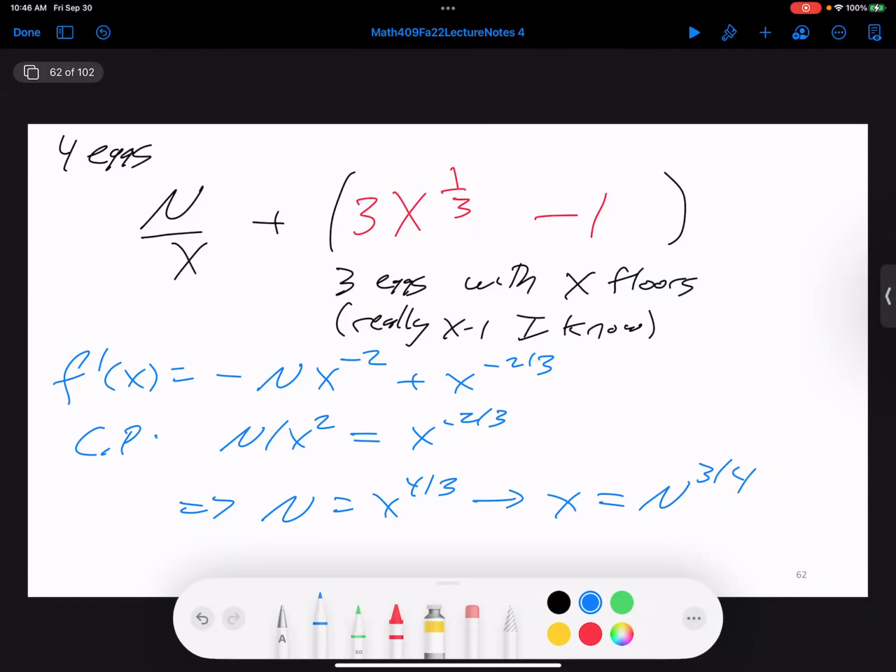And so you should be able to now do the general case. And you should be able to prove that the exponent really will be eggs minus 1 divided by eggs.